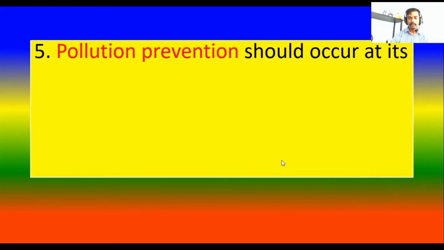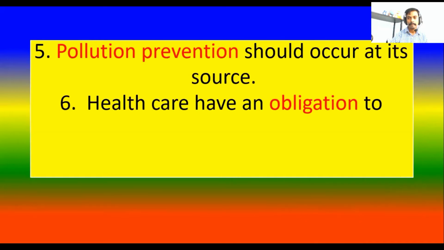Next principle, the fifth one, pollution prevention. Pollution should be prevented at the source. Not only individuals, every institution should identify the source of pollution and try to control it. Not the secondary source, the first source.